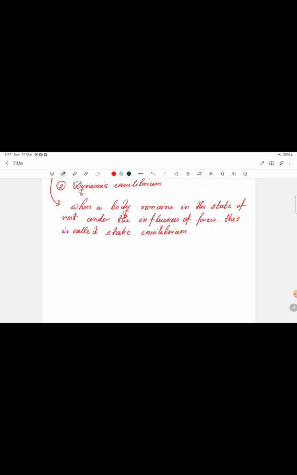And dynamic equilibrium means when the body is in a state of motion. Either it can be translational or rotational motion.